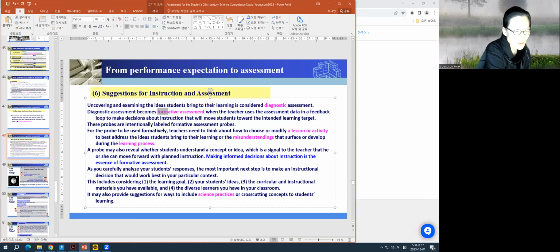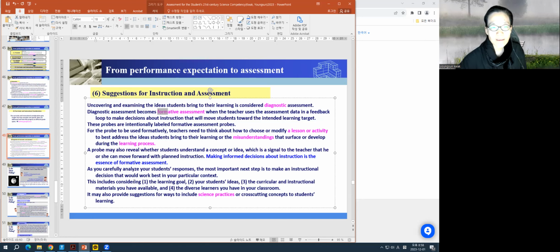If your students have some kind of misconception and you find out your students' misconception, then you need to modify or do something for it by changing your teaching and learning process. This is about another goal or use of your assessment. Making informed decisions about instruction is the essence of formative assessment.